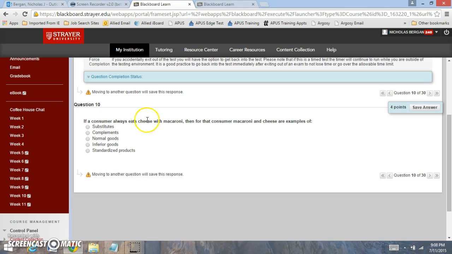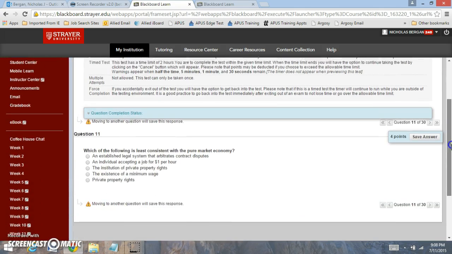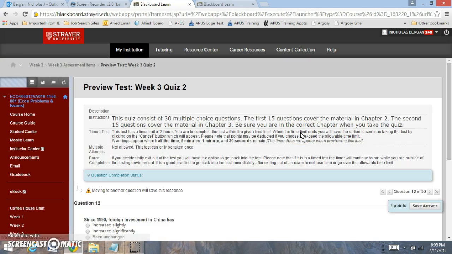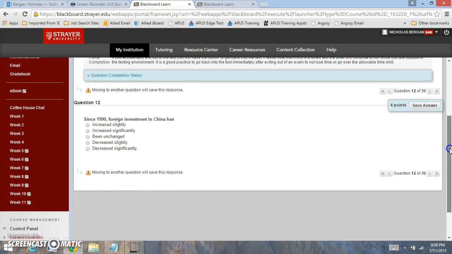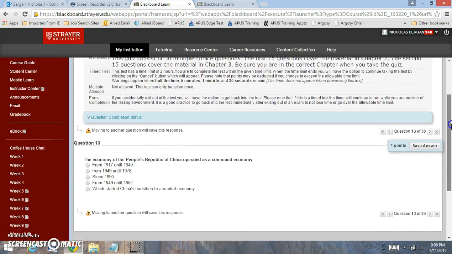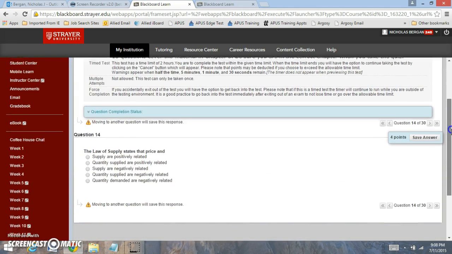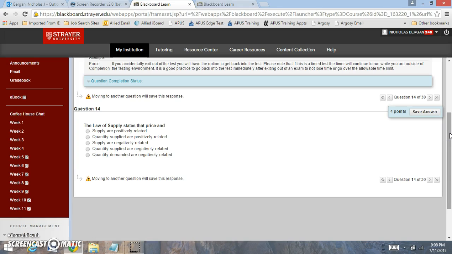So if they always eat cheese and macaroni, they go together. What are they classified as? Many of you deal with that. Pure market economy is where there's no government intervention. The law of supply is a positive relationship between price and quantity supplied.